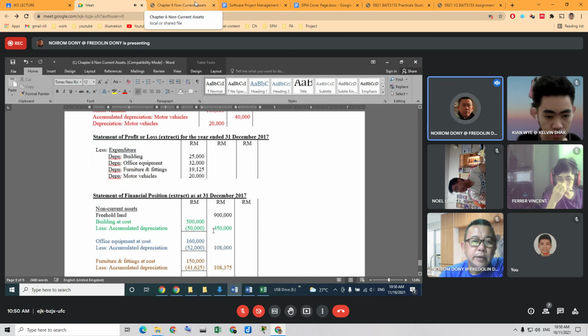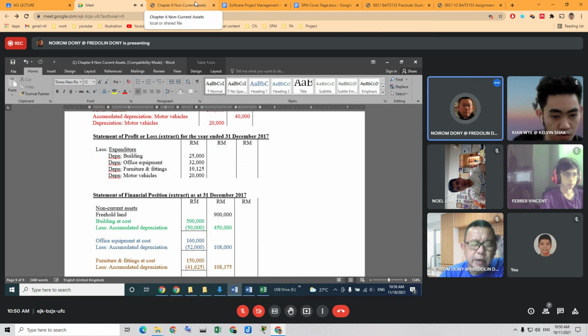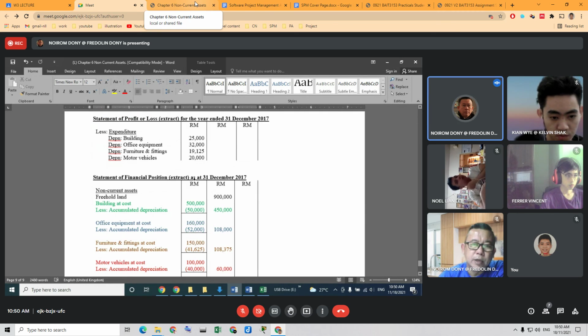And in the statement of financial position extract also, we only show the part related to the non-current asset cost together with the accumulated depreciation. The first column is to do the adjustment on accumulated depreciation. So building 500,000 minus 50,000. Office equipment 160,000 minus accumulated depreciation.